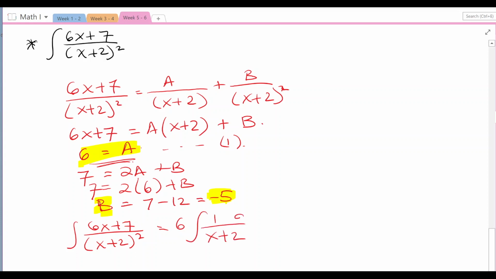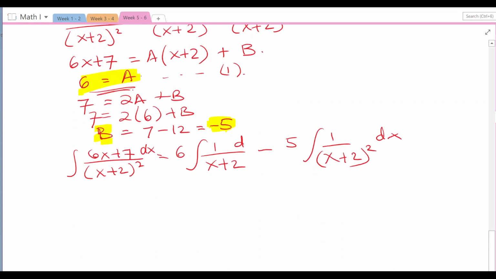I simply take the constant out. Okay, b is negative 5, so this becomes negative 5 times the integral of 1 over x plus 2 squared dx.